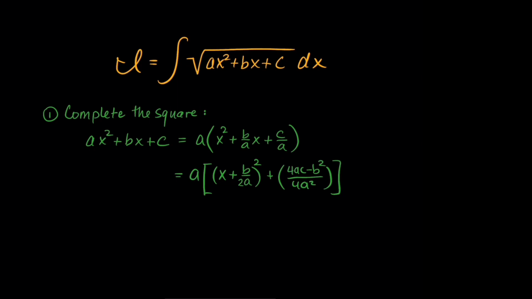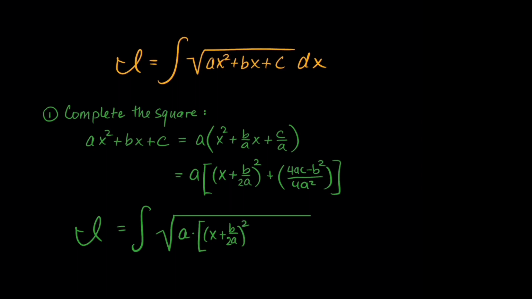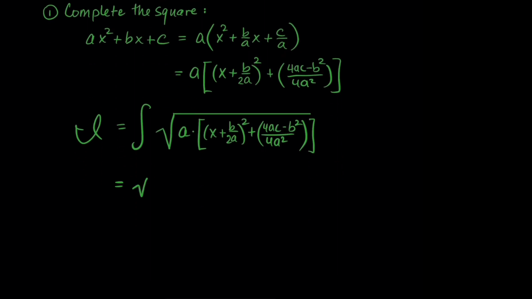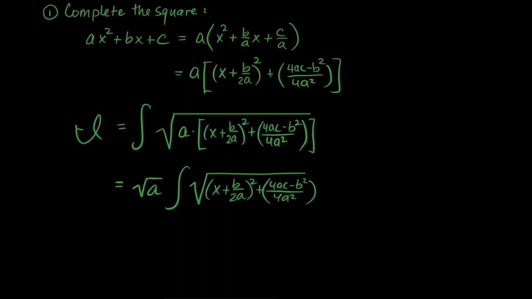Written in terms of the coefficients a, b, and c, we can now rewrite this integral as the integral of the square root of a, parentheses, x plus b over 2a squared plus 4ac minus b squared over 4a squared, all underneath the radical there. We can factor out the square root of a and leave us with the radicand in the integrand, which is a little bit simpler.